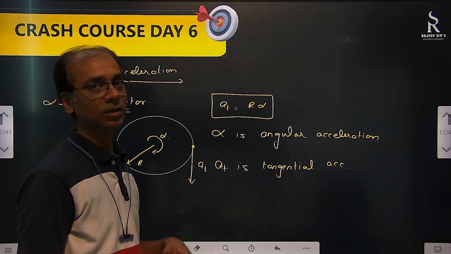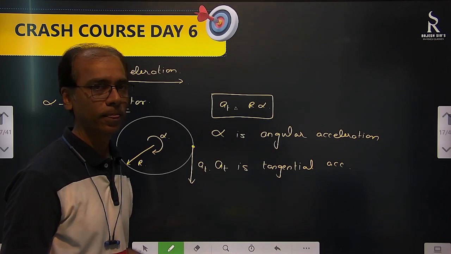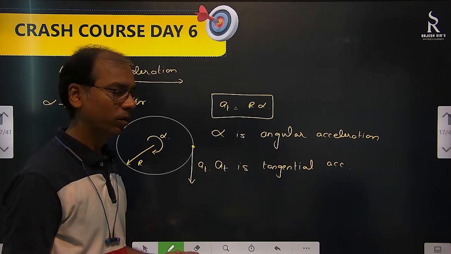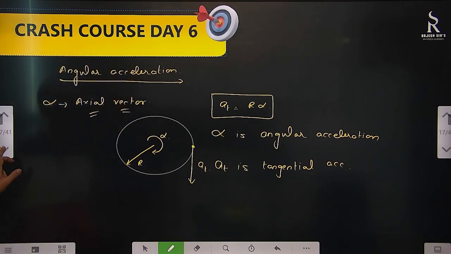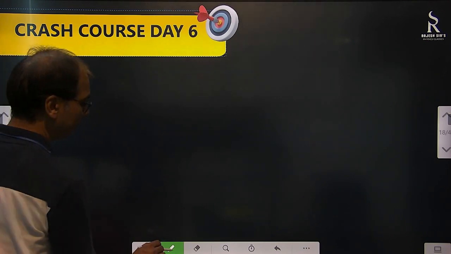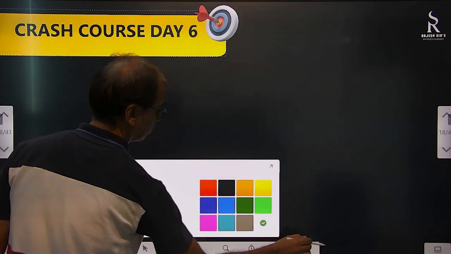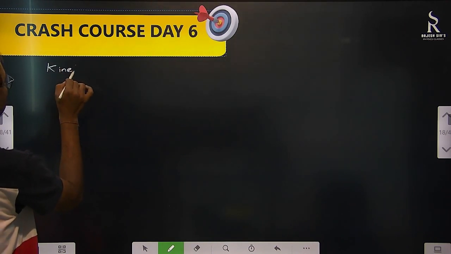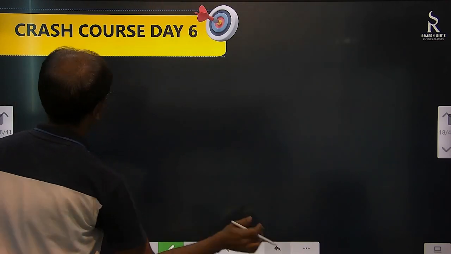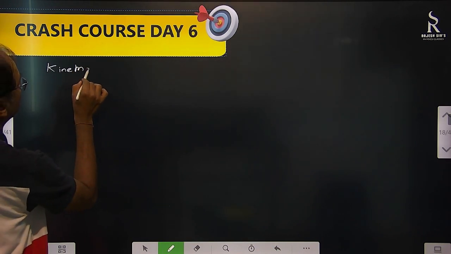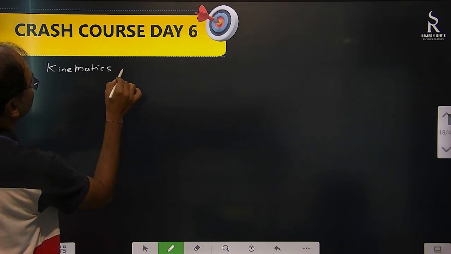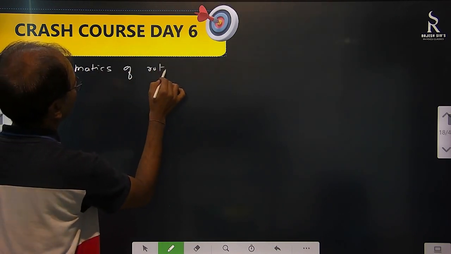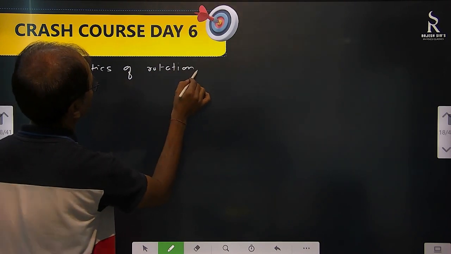If its direction is opposite to omega, then it's called retardation. Fine. So in this one also kinematics is there. Kinematics of circular motion, or kinematics of rotation.